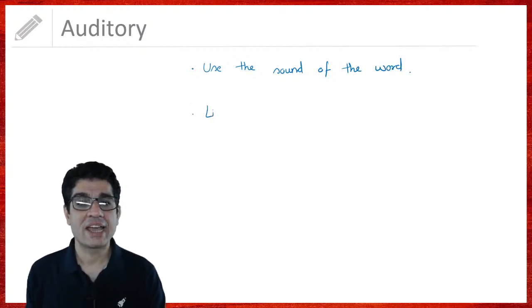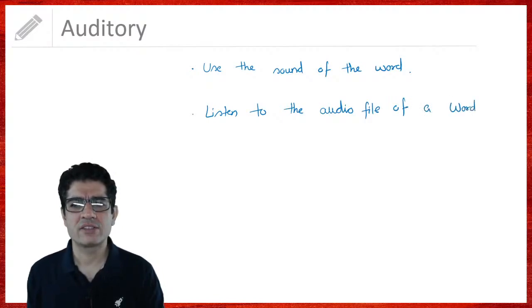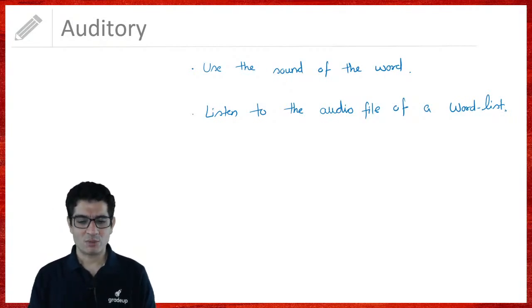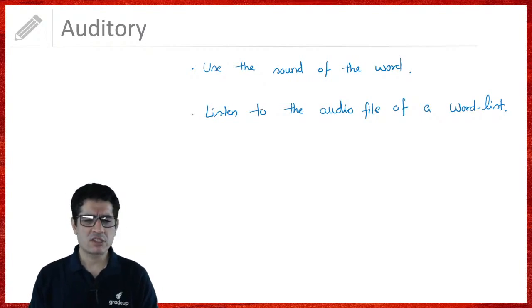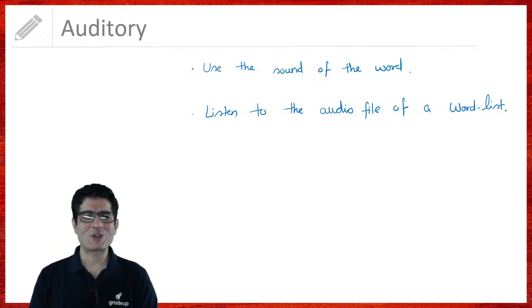Or you can listen to the audio file of a word list. So मैंने जो आपको बैरन्स GRE बोला, उसकी किताब तो आती है, पता है उसकी ऑडियो फाइल भी अवेलेबल. So most of us do listen to music now every now and then. So you can just keep an audio file on your phone and start listening to the audio file off and on.